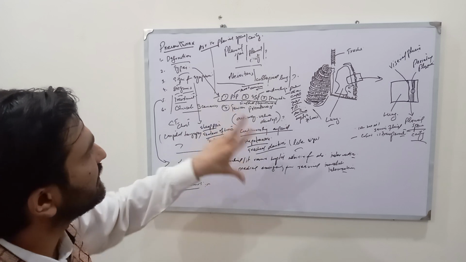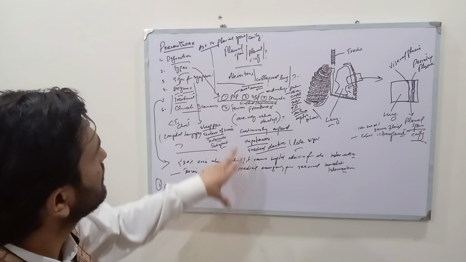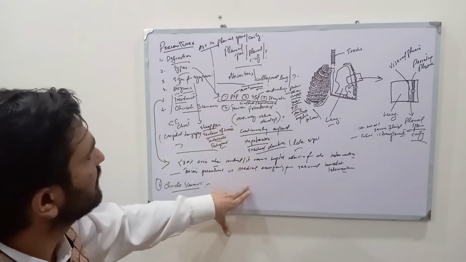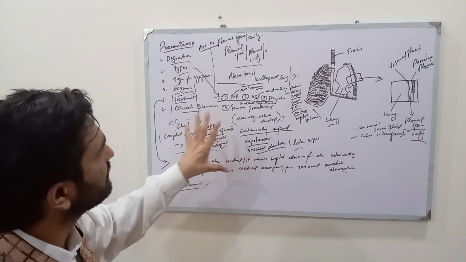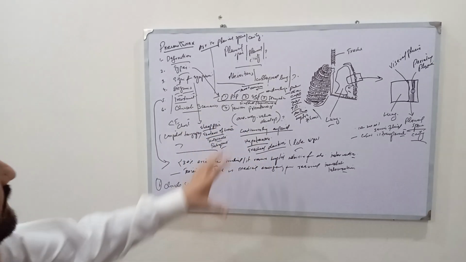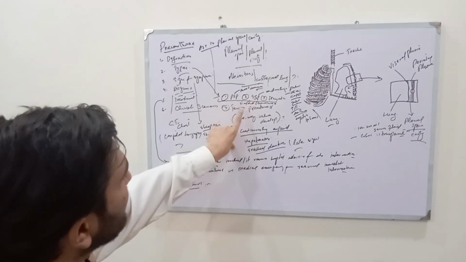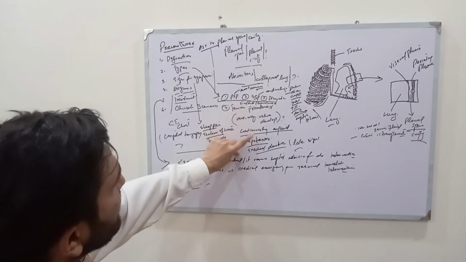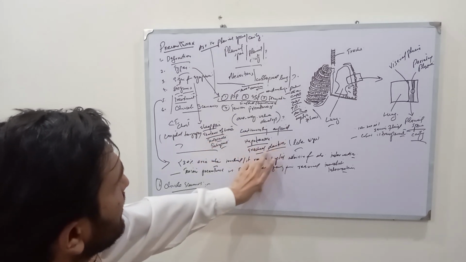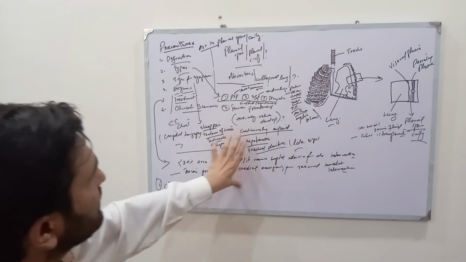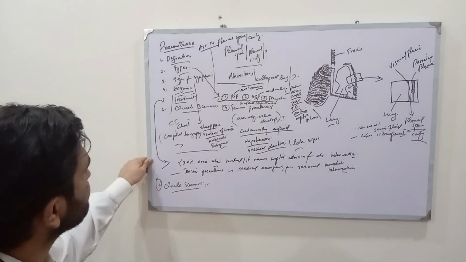Secondary pneumothorax is related to underlying disease. Tension pneumothorax: different signs and symptoms are present in tension and simple pneumothorax, but the difference between them is hypotension and also tracheal deviation. Tracheal deviation is a late sign but is present only in tension pneumothorax, not in simple pneumothorax.